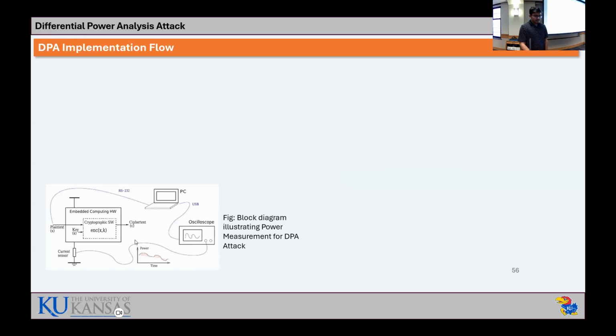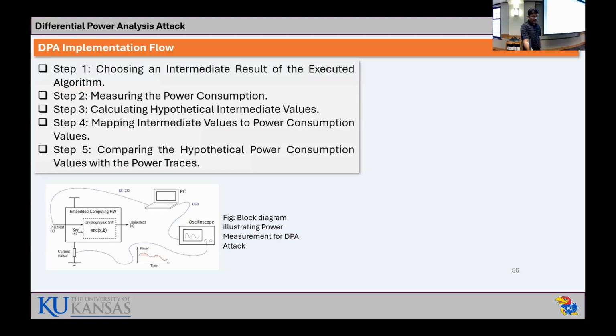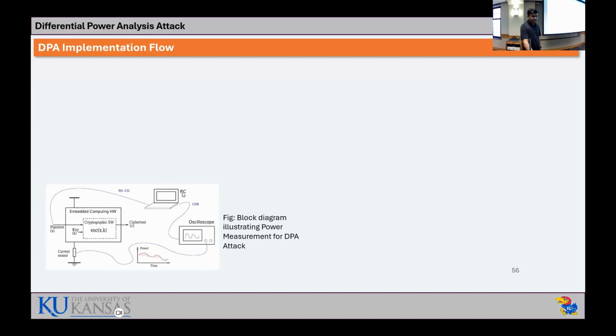To do that, we'll have a computer or a system which will run the encryption engine itself. In this case, we'll have our target board, that is a microcontroller, and we'll connect it to our PC and also through an oscilloscope, which can probe it. Okay, so I can show you.